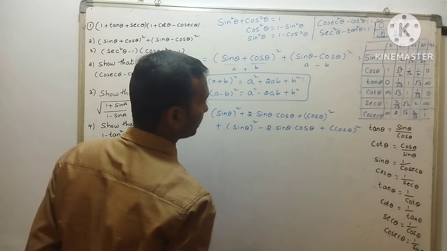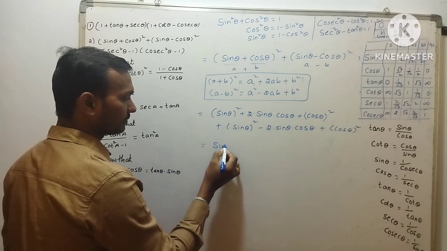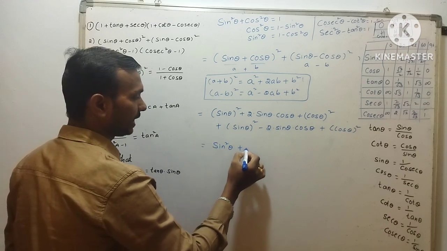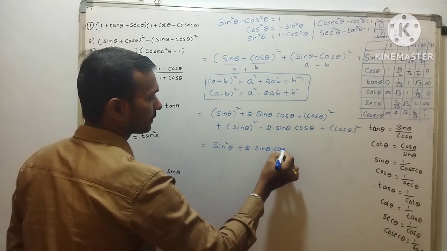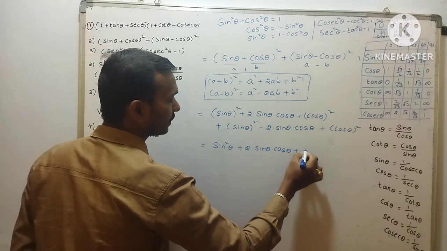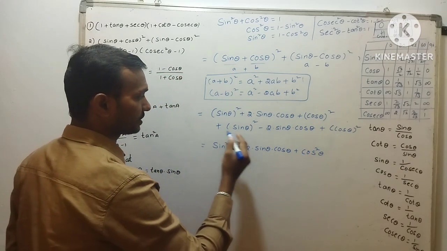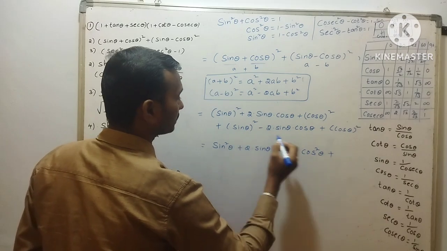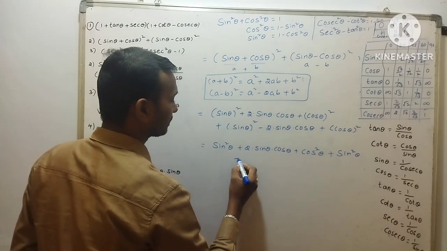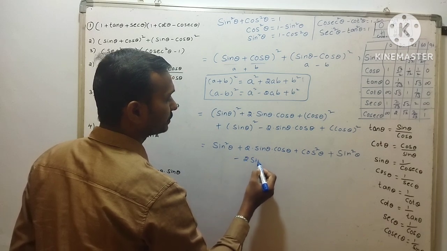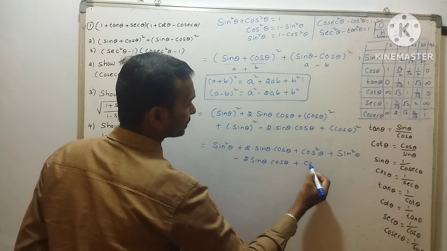This is nothing but b square. So now you see, sin square theta plus 2 times sin theta into cos theta plus cos square theta. Next, plus sin square theta minus 2 times sin theta into cos theta, again cos square theta we are getting.